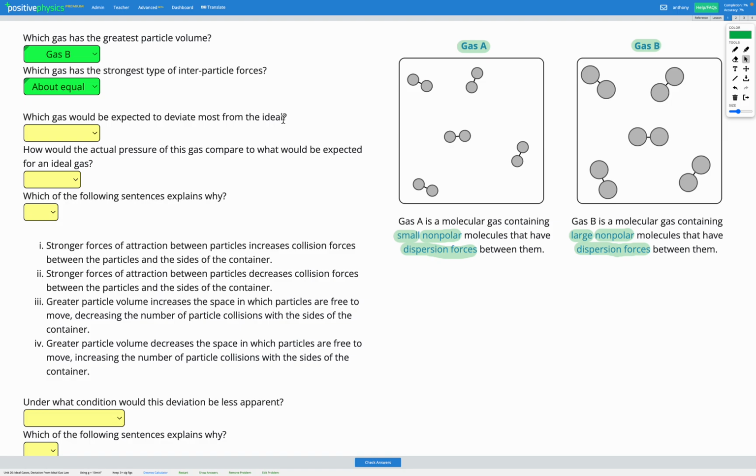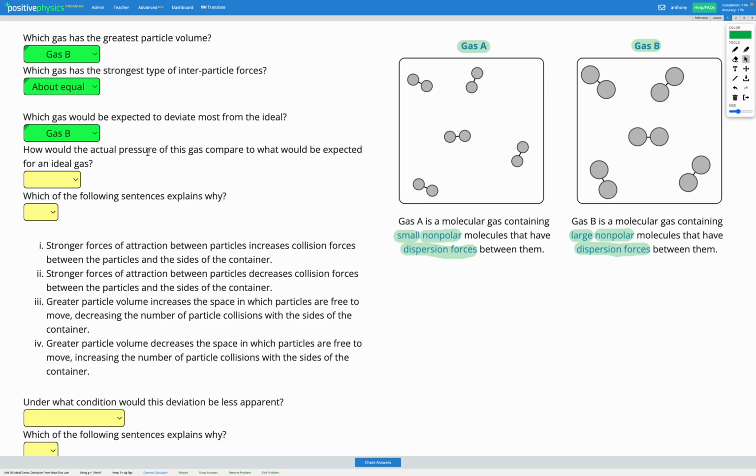There's no force between them. So either having a large particle volume or having strong interparticle forces are going to cause our gas to deviate from being ideal. In this case, the difference is the particle volume, and it's gas B that has a larger particle volume, and therefore gas B that's going to be more likely to deviate from the ideal.